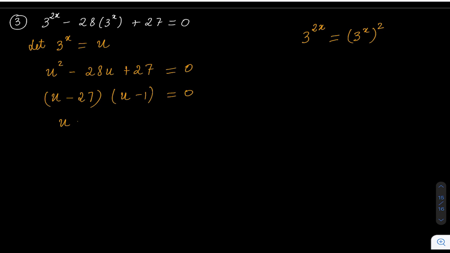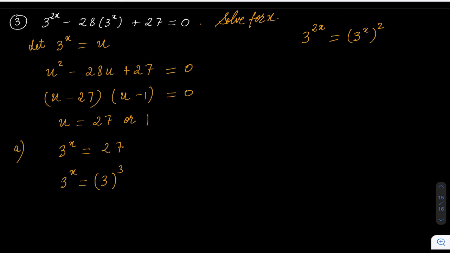So my u value is coming out to be 27 or 1. Now let's take the first case. We have to find x. Now remember, we have to solve for x. So u is 3 power x, which is 27. That is the first case. So you have to think of the x value so that 3 power x is 27. Or I can simply write 27 is nothing but 3 cube. So I can say the possible value of x is 3.